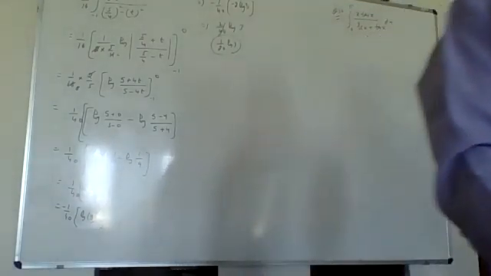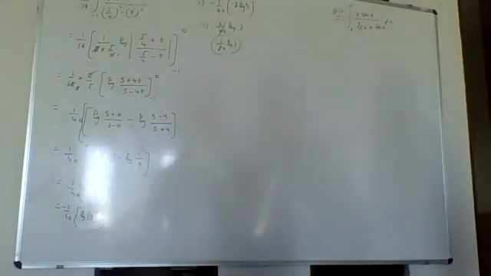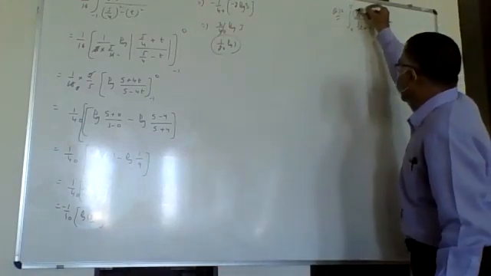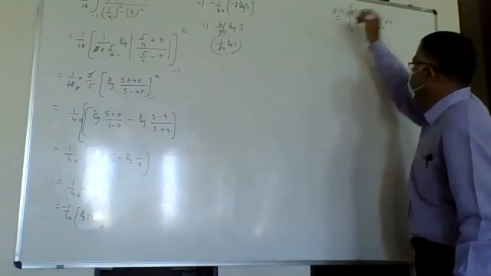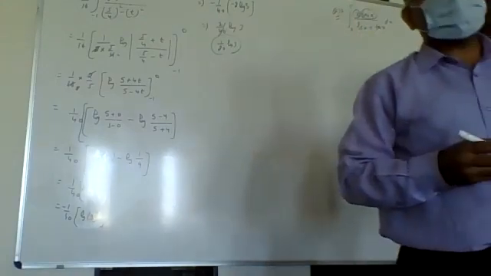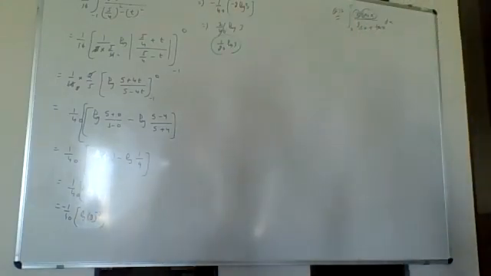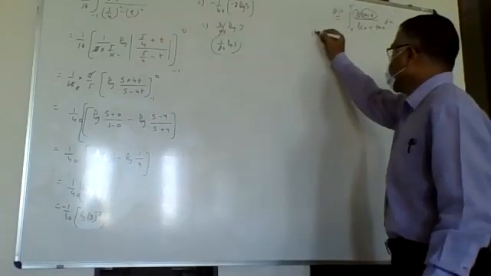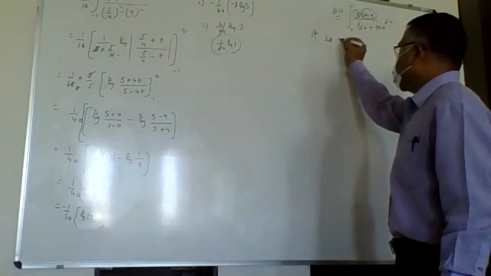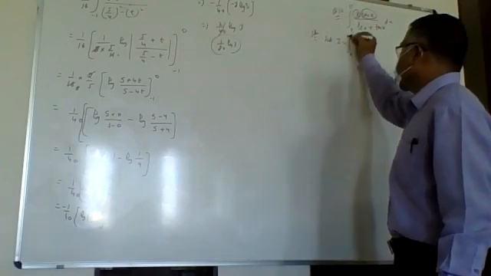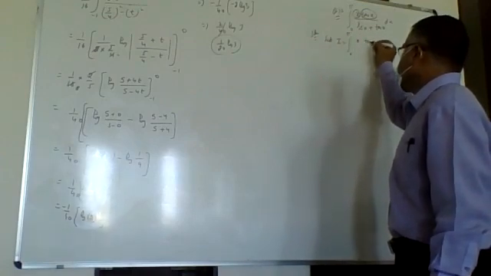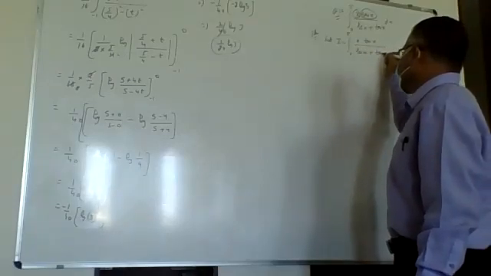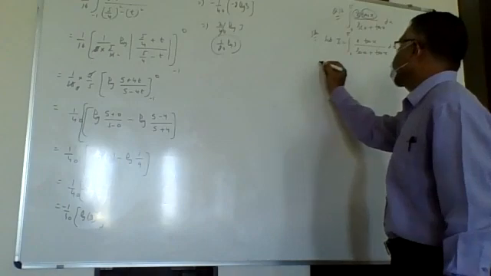This type of example we have discussed also, where one variable and one trigonometric function is involved. So I told you at that time also that we have to use the property to separate them. So in the solution, let I is equal to integral from 0 to pi of x tan x upon secant x plus tan x dx.